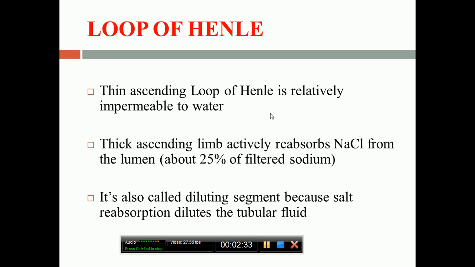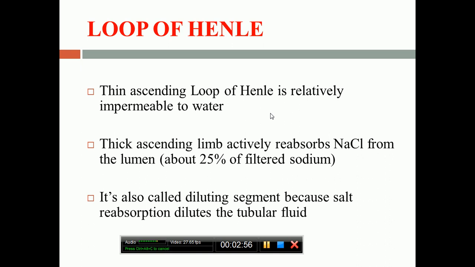Then there is the thin ascending limb. Now the thin descending is permeable to water, while the thin ascending, now the loop is climbing up. The thin ascending limb of loop of Henle, how can you distinguish that?